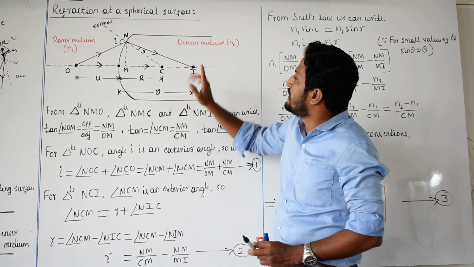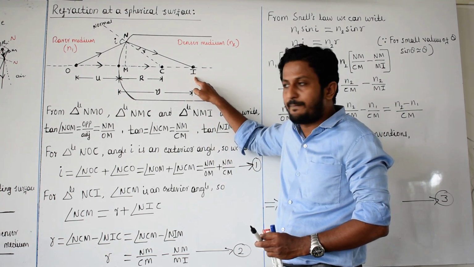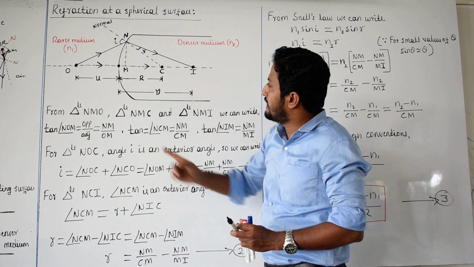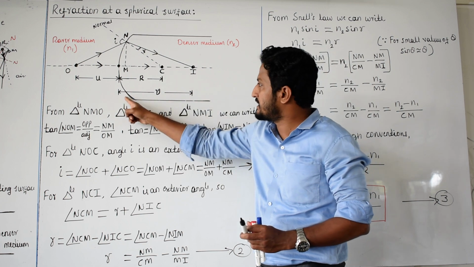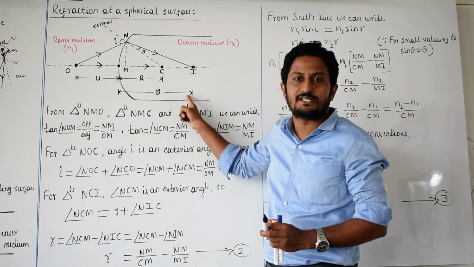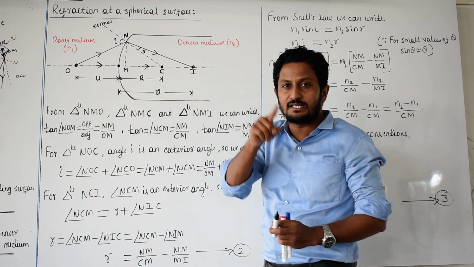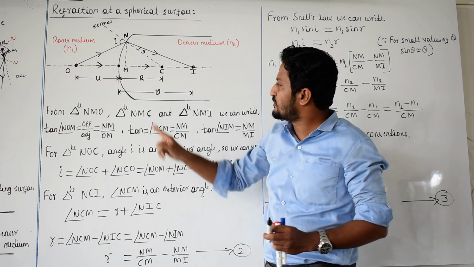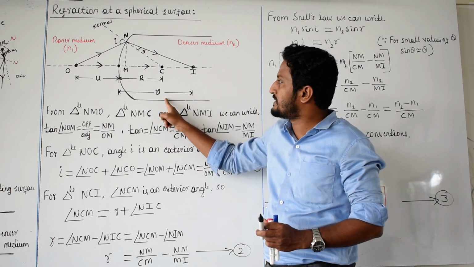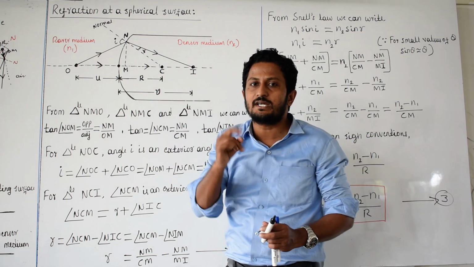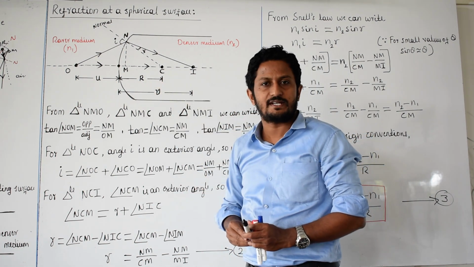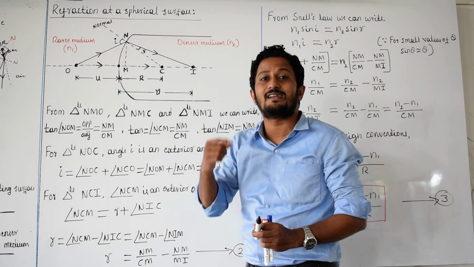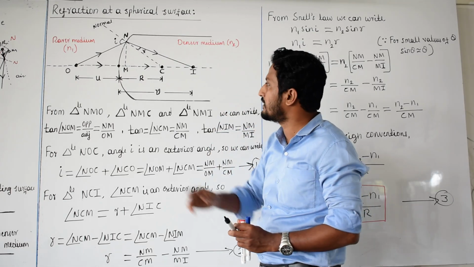See now, here this is the image. From this pole we have to measure the distance. This distance is the image distance that I named with the small v. Small v is the image distance, small u is the object distance. Then one more distance is there here that we call the radius of curvature.